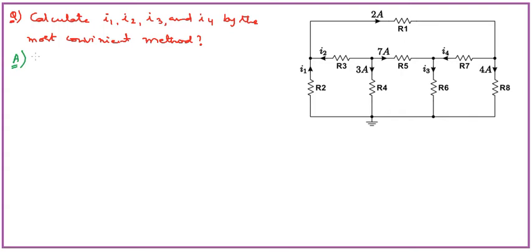Different network reduction techniques we have studied. The first one is series parallel combination. The second one is star delta connection.